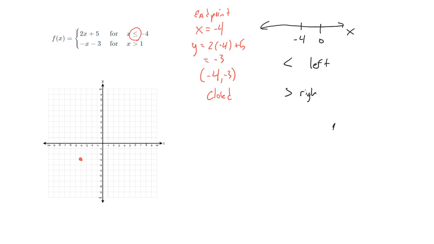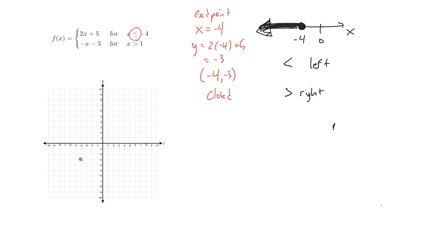Greater than means to the right. So we're saying that the x values on this line are from -4 and this way, right? They're going to the left, which means your line better be doing either this or this as it comes out of this point.